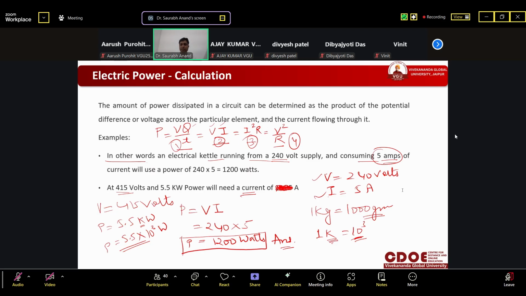Nobody. Divyajyoti Das is saying 13.25. 13.25 what? Divyajyoti, where is the unit? Divyesh, what are you calculating? Divyesh, voltage value is already given. Then how could you find the value of voltage? Divyajyoti, where is the unit of 13.25? We need to write it just after the value.